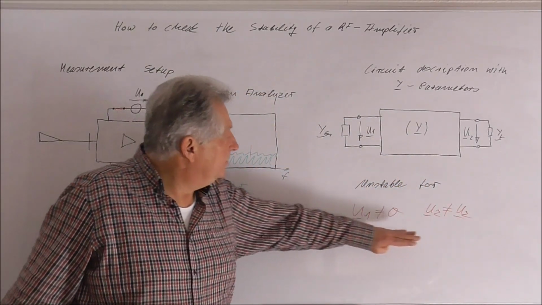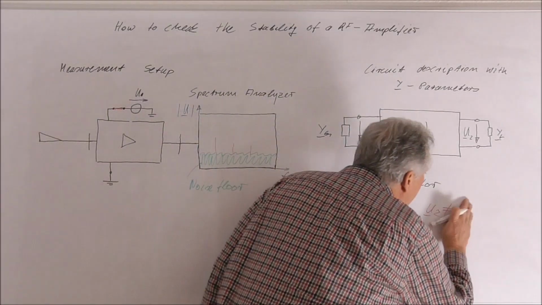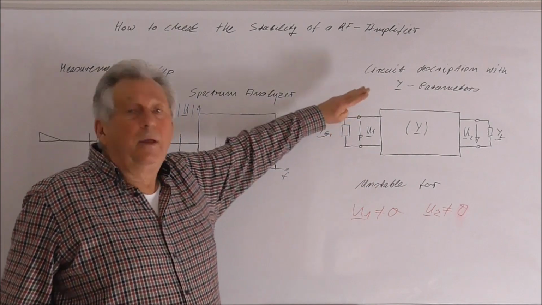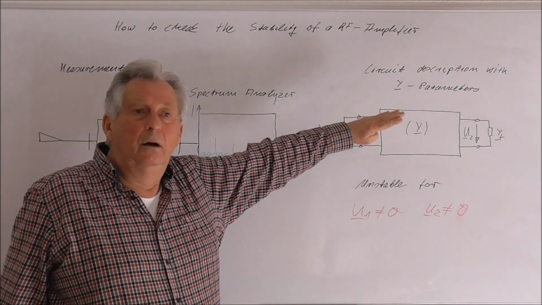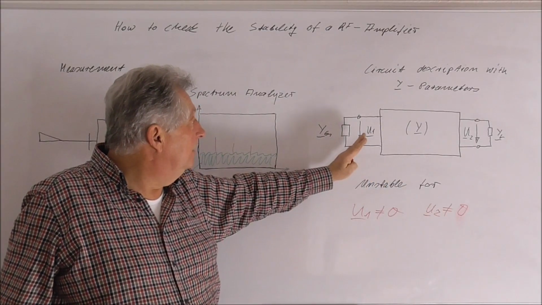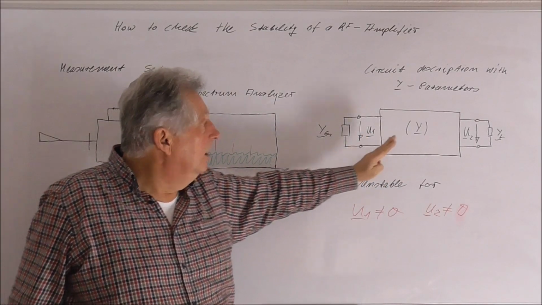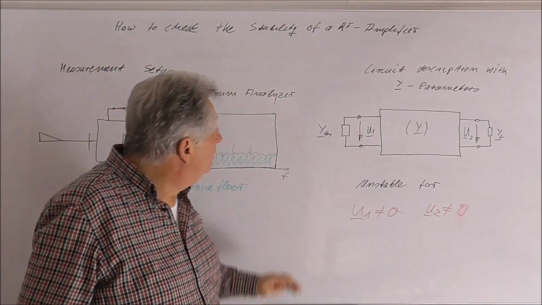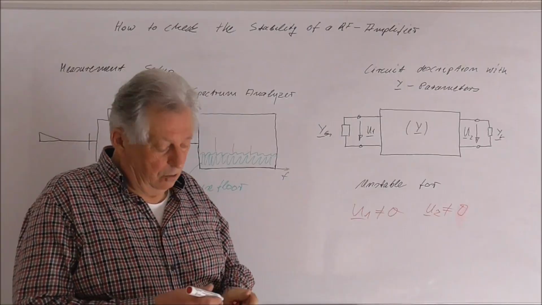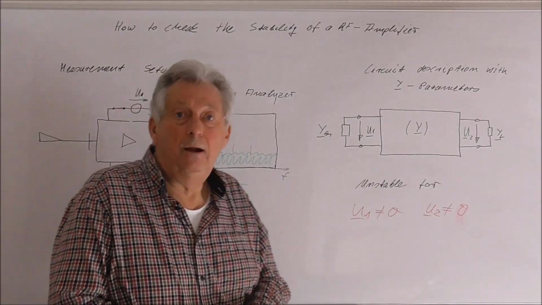So if I have an unstable amplifier or unstable active device, these voltages U1 and U2 will exist even though I don't give an input signal to our circuit.